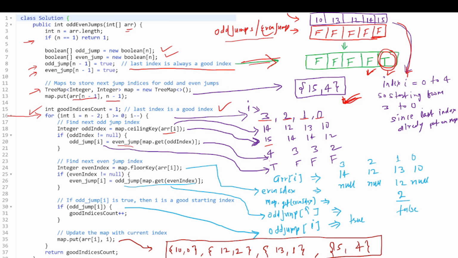So we will have odd jumps at i, 4, 3, 2, 1, like that. So initially on the map we will have 15, then 14, then 14, then 12, right? We will have it like this, because we are getting the ceiling value. For 12 we will have 14, for 13 we have 14, for 10 we have 12.